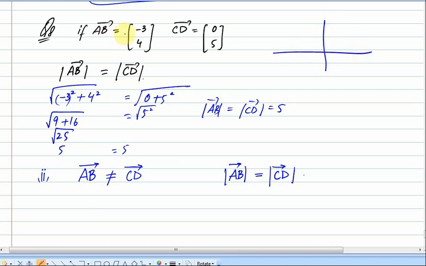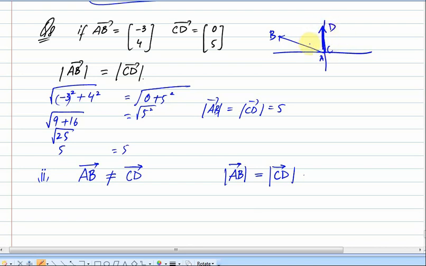If we plot AB, that means -3 on the negative x and 4 on the y. So AB should lie here, right? From A to B, -3 and 4. But if you plot CD, so it's 0, 5, that means on the y-axis, so that is CD.